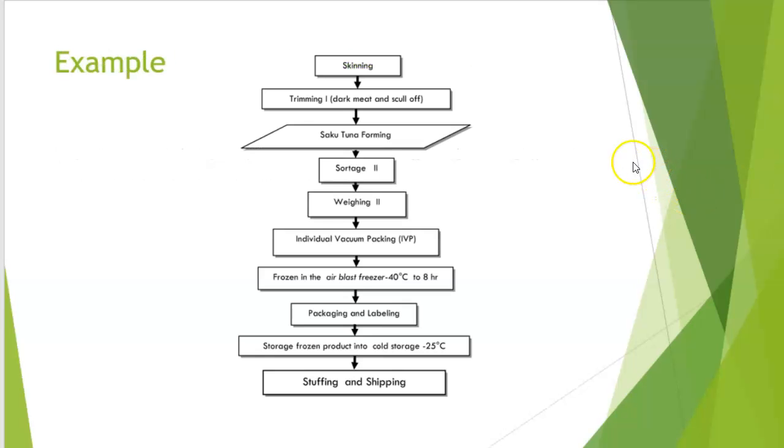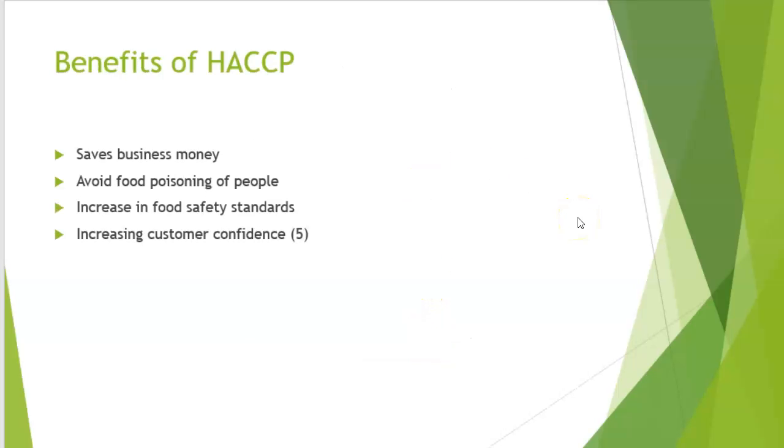This is an example of a HACCP plan which starts from skinning, trimming, then tuna forming, and storage, weighing, individual vacuum packing, freezing with air blast at -40 for 8 hours, packaging and labeling, storage, then stuffing and shipping. You can see the temperature and time it should be kept at.